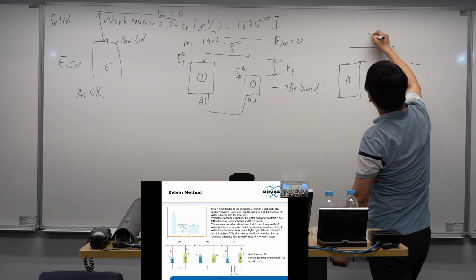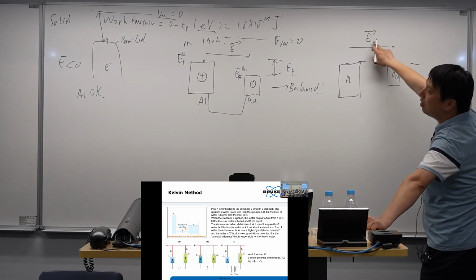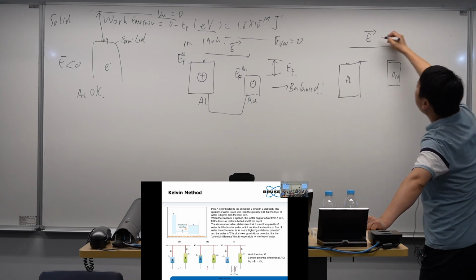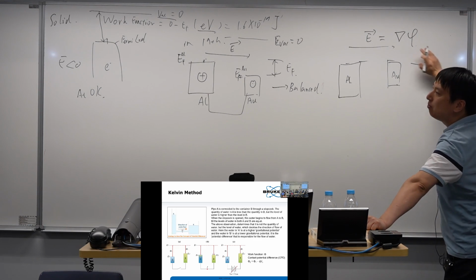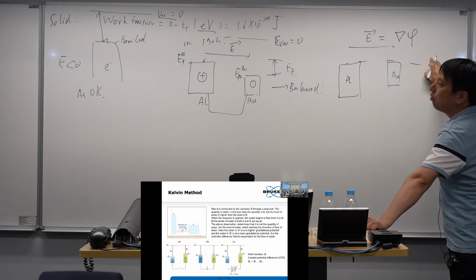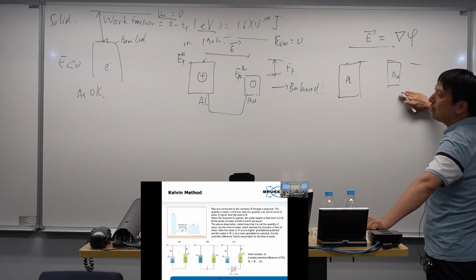And for the electric field, we know another way to describe it, by defining it as the gradient of potential, right? And of course, we know here the aluminum is positive and the gold is negative.